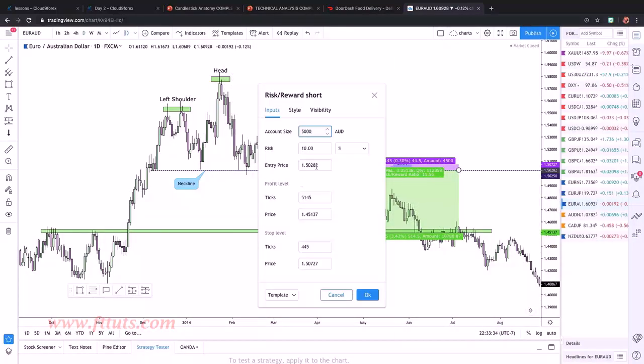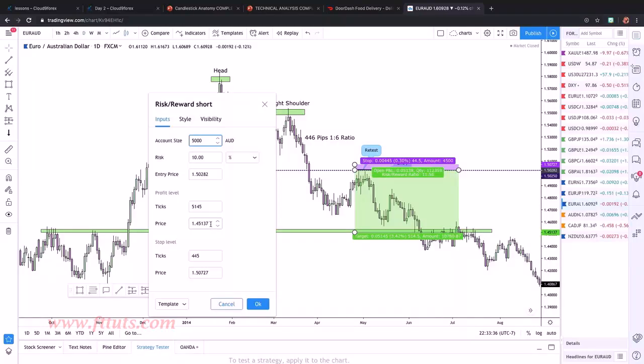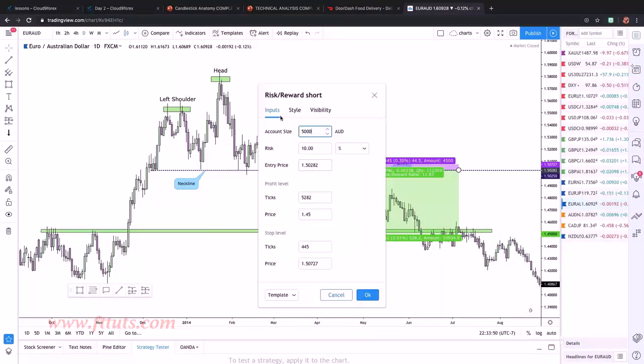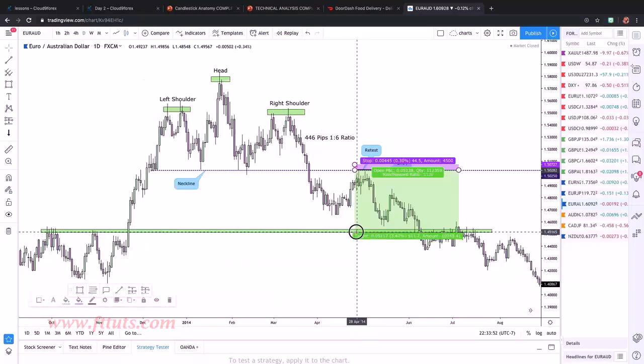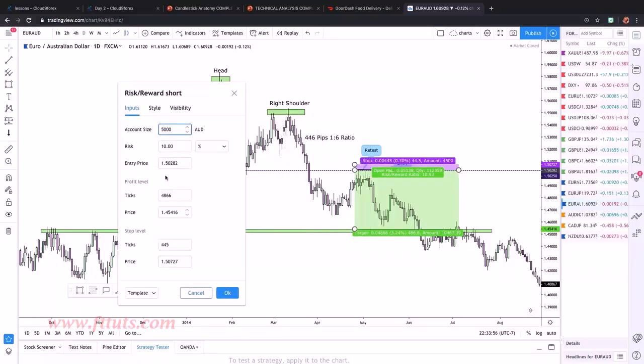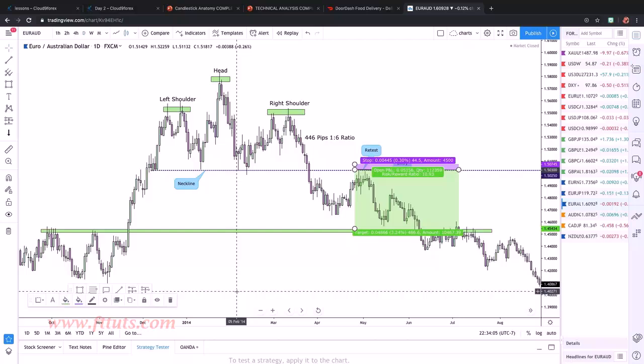Okay, so this is the next support zone. So we just want to edit the input. So always rounding our prices.